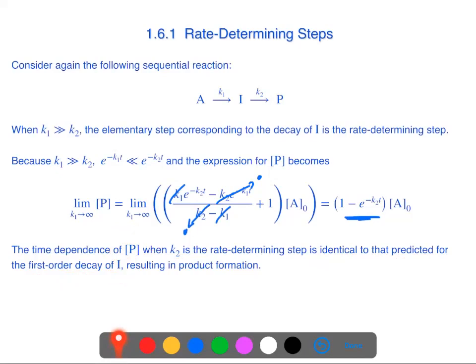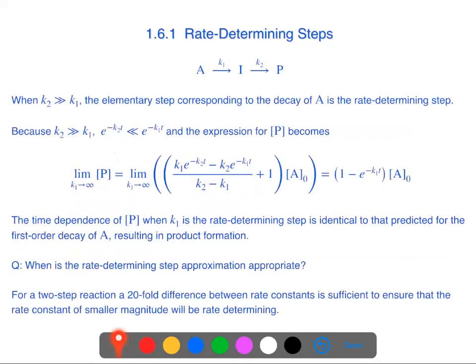And we saw this previously with first order rate laws, that the concentration of the product was in fact equal to the same expression, where k2 was the rate constant for that step. So given that k2 is the rate constant in this expression, that coincides with the limit that k2 is the rate determining step in this particular sequence of reactions.